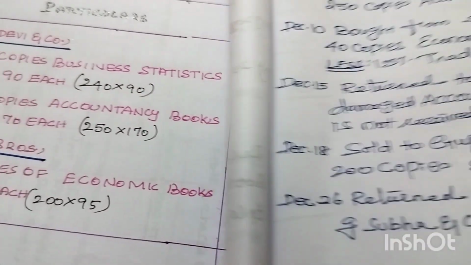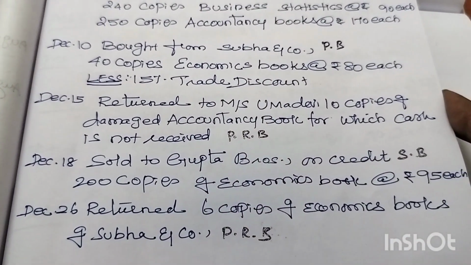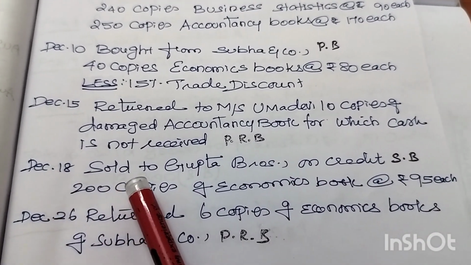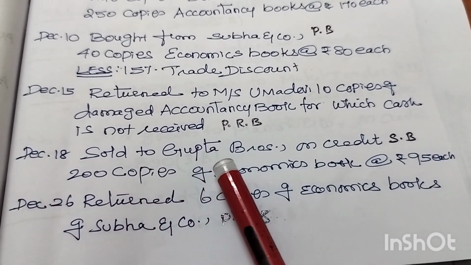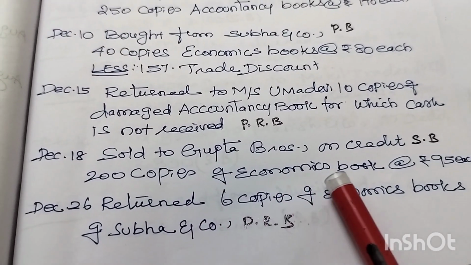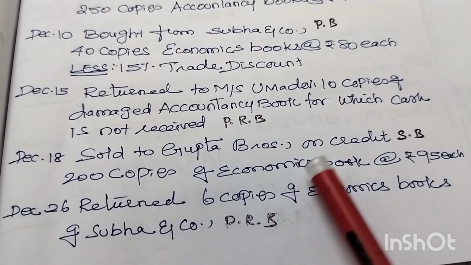Then if any other credit sales transactions are here, yes, on December 18 you have one credit sales transaction, that is, December 18 sold to Gupta Brothers on credit 200 copies of economic books at rupees 95 each. So what does this transaction tell us?